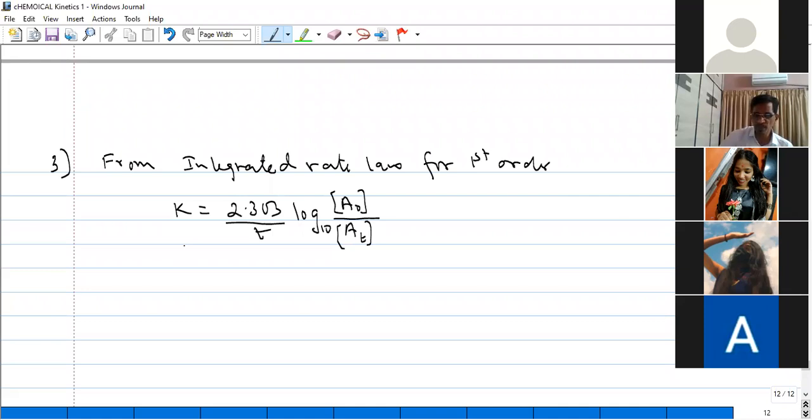If I arrange it, kt upon 2.303 is equal to log to base 10 A0 upon At.